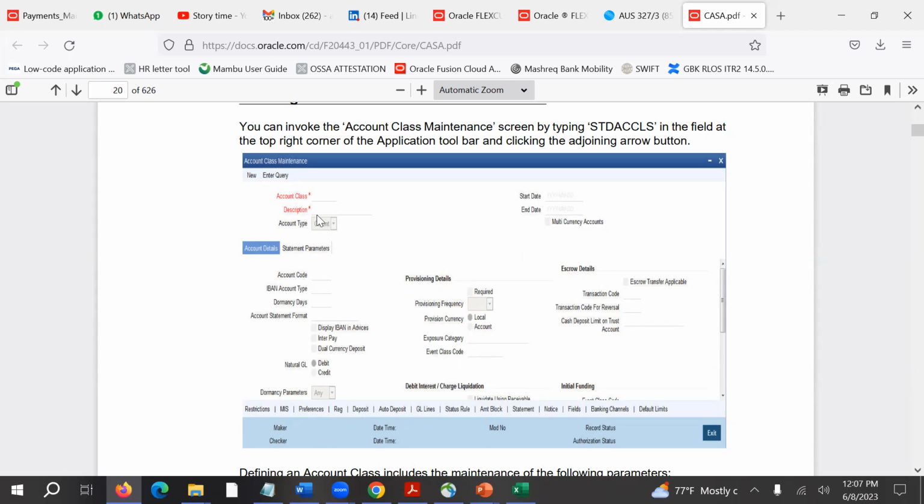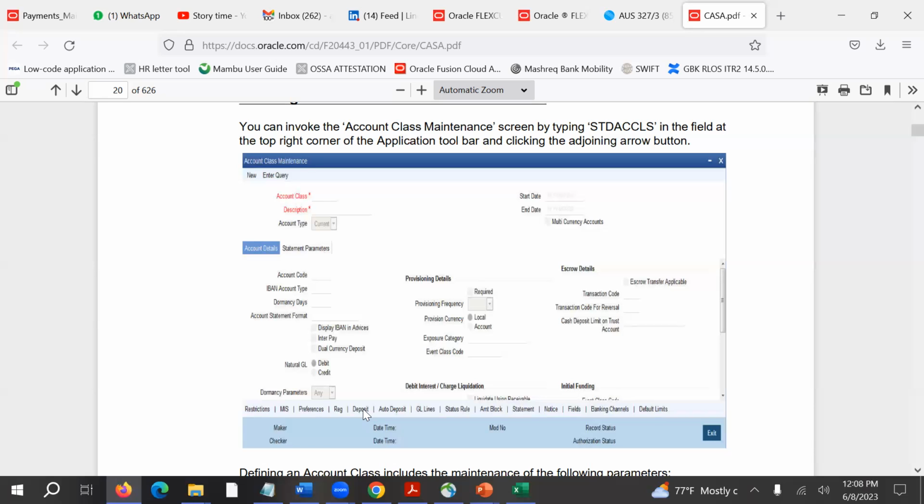In case of a deposit account, what is the preference? Like the minimum amount for a deposit, maximum amount, minimum tenor, maximum tenor, whether partial redemption is allowed or a full penalty is applied in case of partial redemption, and whether a rollover is allowed. So those preferences will be there.